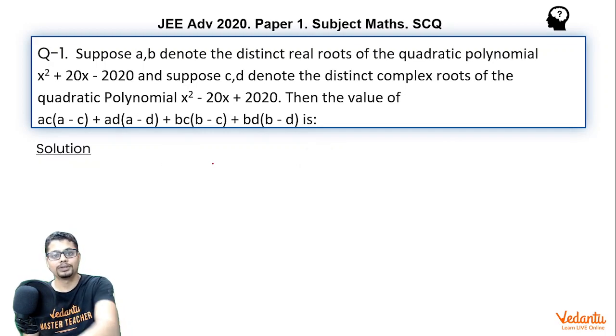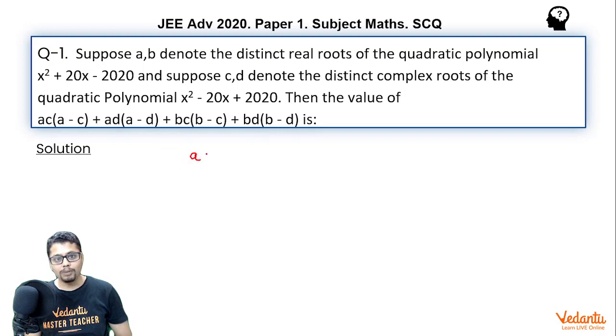Let's solve it. So here let me club the first two terms. As I take A common, I would get A times (C plus D) minus (C square plus D square). Now here C plus D is the sum of roots of the second equation, which is 20.